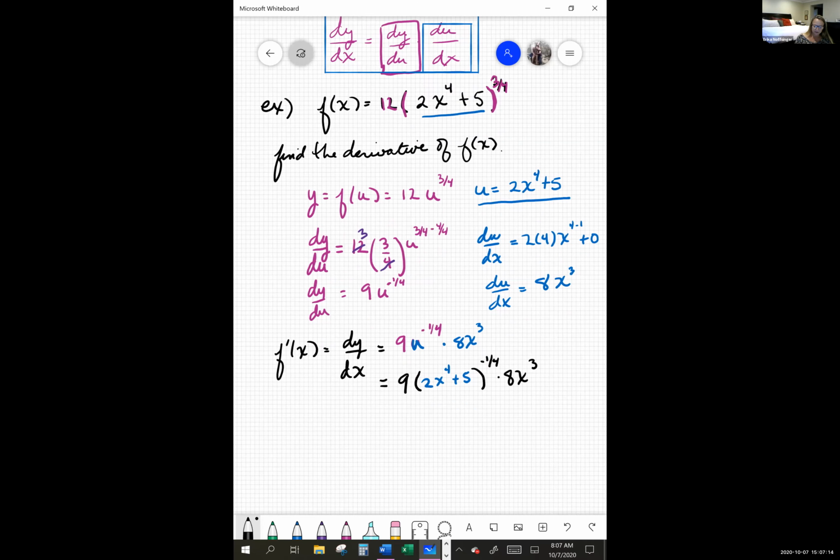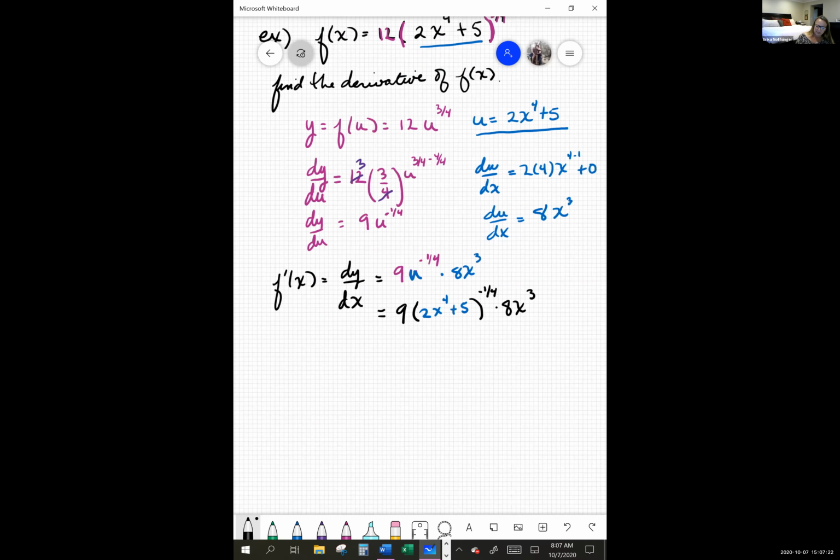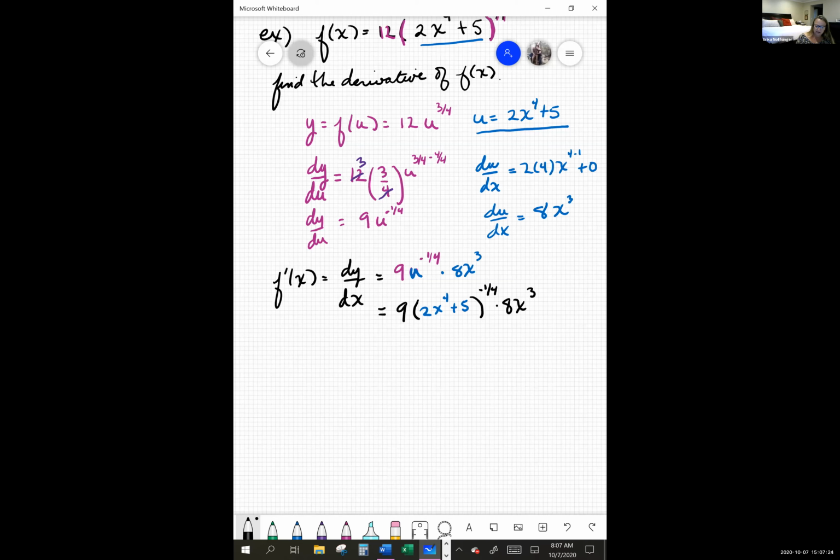Negative exponents, remember, we can make those positive by bringing them down to the denominator. And it's in the form that we can do that. So let's bring this parentheses raised to the negative 1/4 power down to the denominator so we can make that exponent positive. So we have a 9 in the numerator times 8x cubed, all over 2x to the fourth plus 5, all raised to the 1/4.